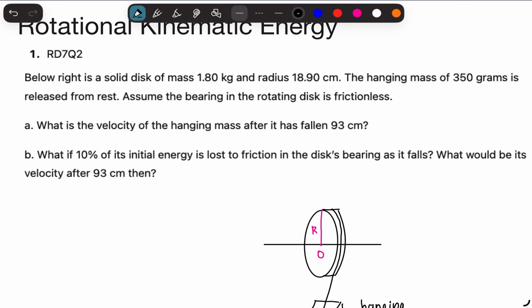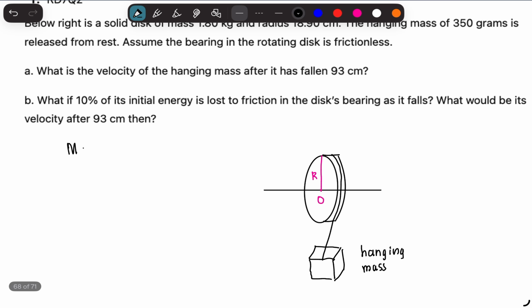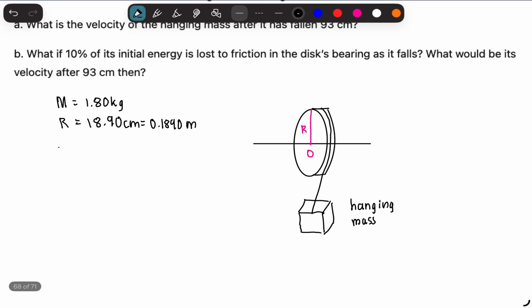So what we can do is write down all the things we are given. M is equal to 0.80 kilograms. For our hanging mass, we need to convert to kilograms.